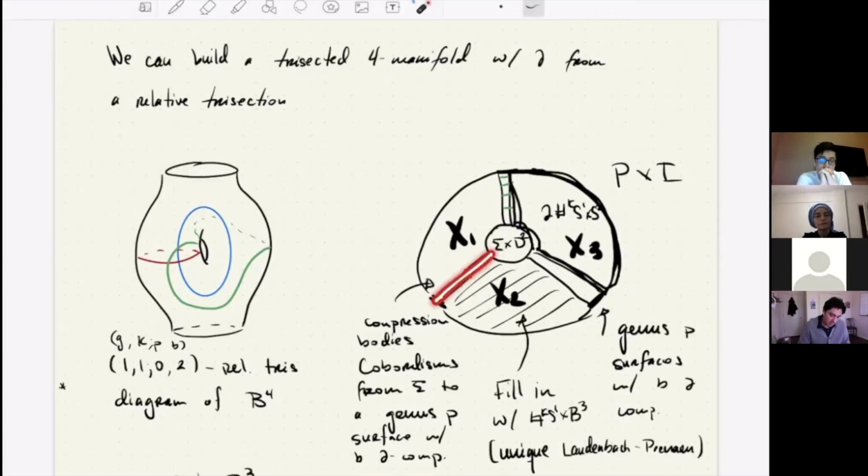So that's a handlebody, and then we attach 2-handles. That's still a three-dimensional handlebody. So the pairwise intersections are three-dimensional handlebodies of some genus. Okay. Cool.